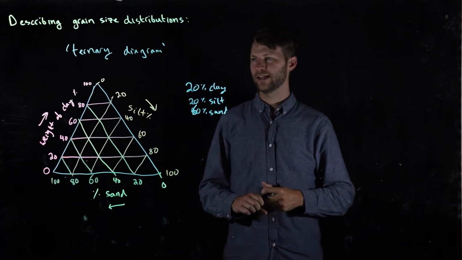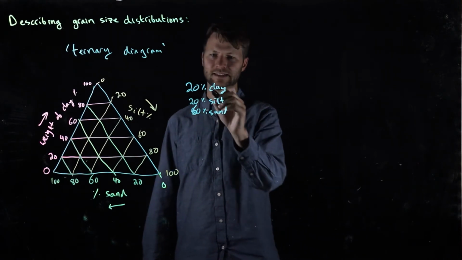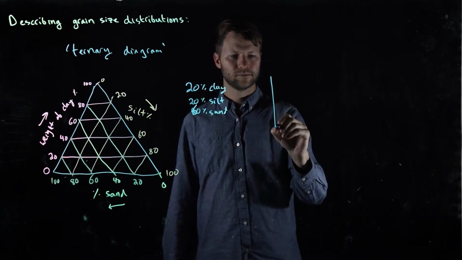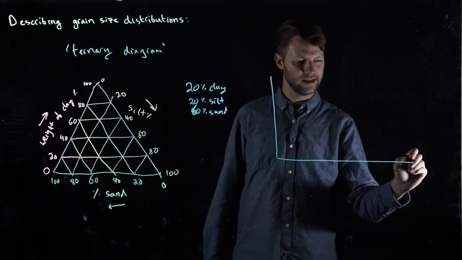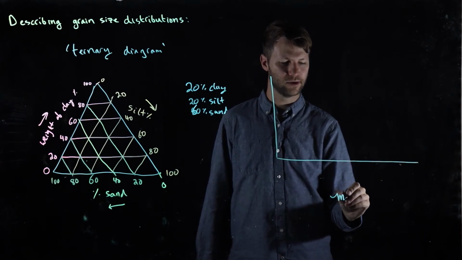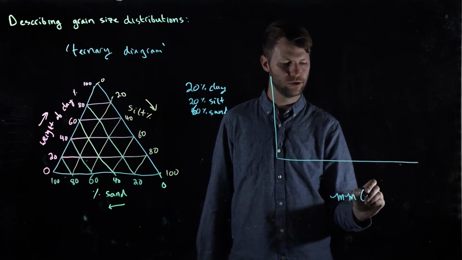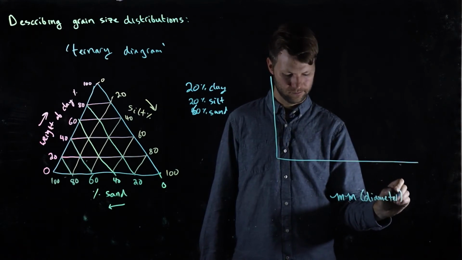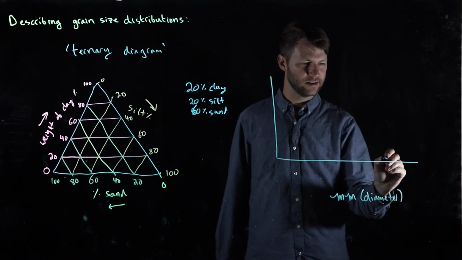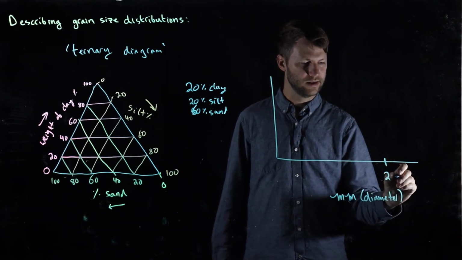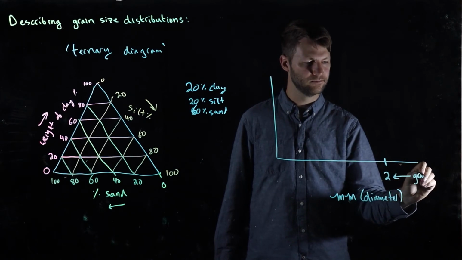There's one other way of depicting this, and let's say instead of just lumping into these big categories, let's say instead that you could measure the size of every single particle and you knew its diameter in millimeters. And let's say that here you had 2, and anything bigger than this is gravel.